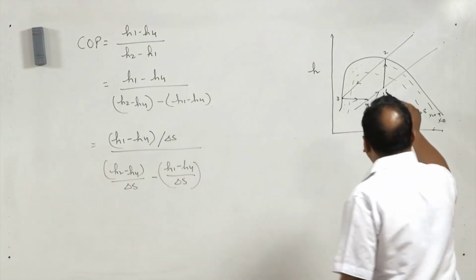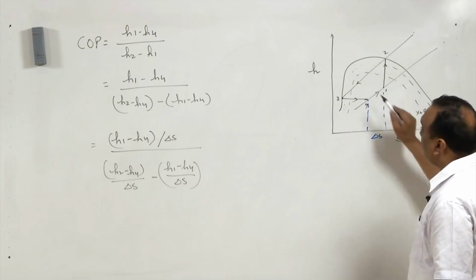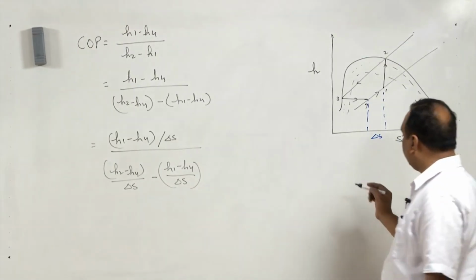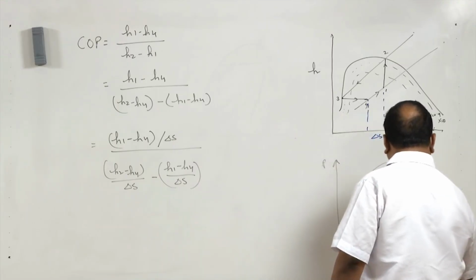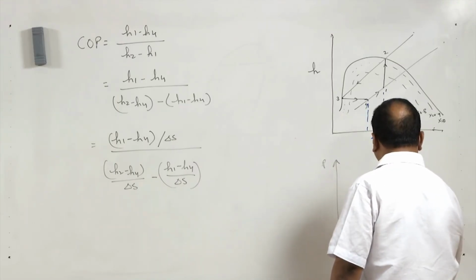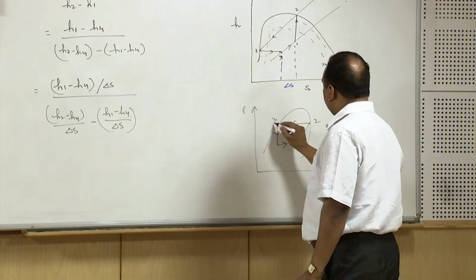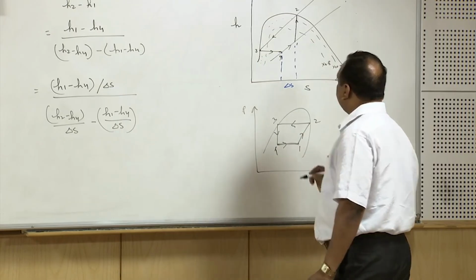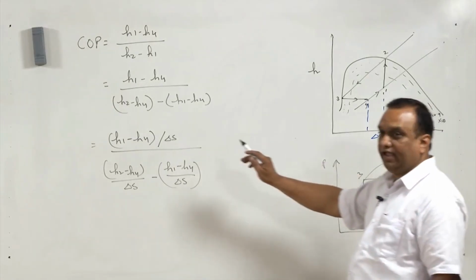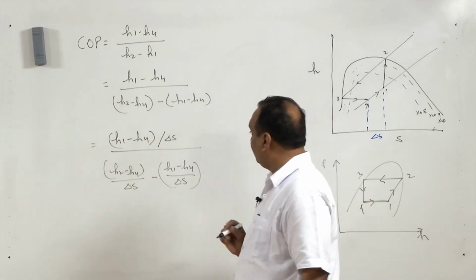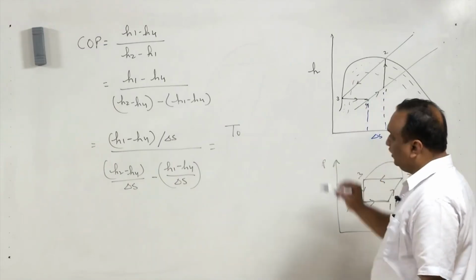Now, H1 minus H4 divided by delta S, this is a constant pressure line, and during this process the temperature also remains constant. If you look at the pH diagram, during process 4 to 1 the temperature remains constant, that is why change in enthalpy divided by change in entropy shall give the temperature during this process, that is TO.